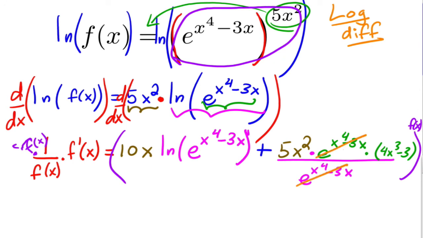These two cancel. They're the same. Notice that you could have, right here, using the laws of logarithms again, brought the exponent down in front. And then you would just have this times natural log of e, which is just 1. So, I thought it was more fun to do it the long way, but if you notice that, that would save you a little work.